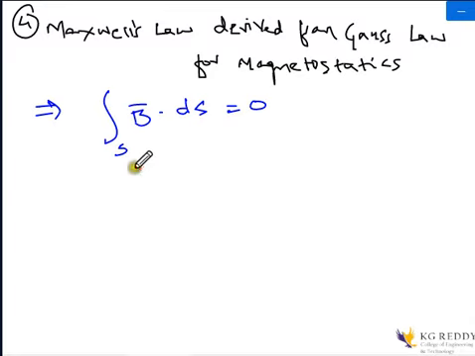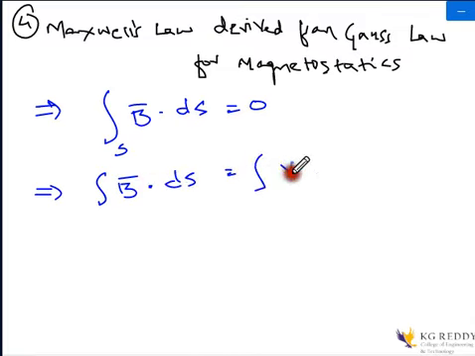As per the divergence theorem, I want to convert this surface integral into a volume integral. Whenever you convert a surface integral to a volume integral, you get the divergence. So this can be written as integration of divergence dot B bar into dv.